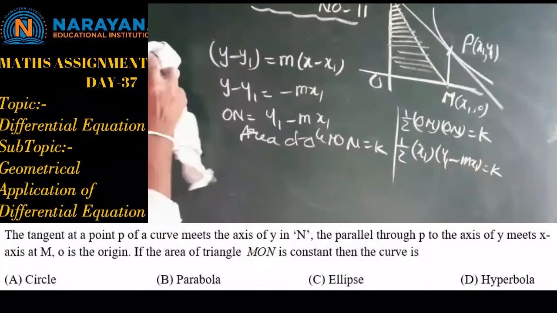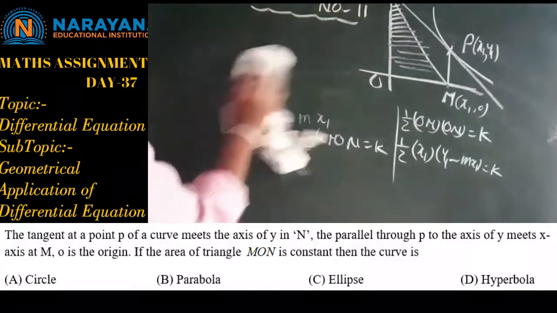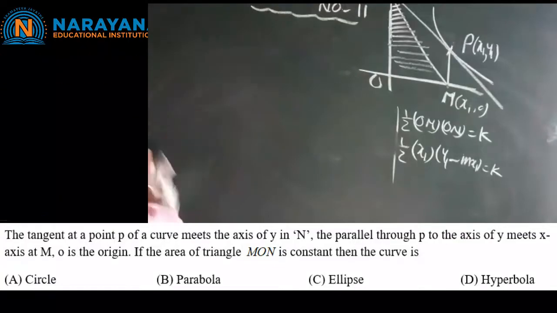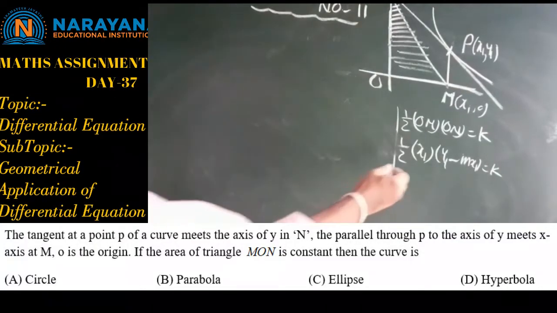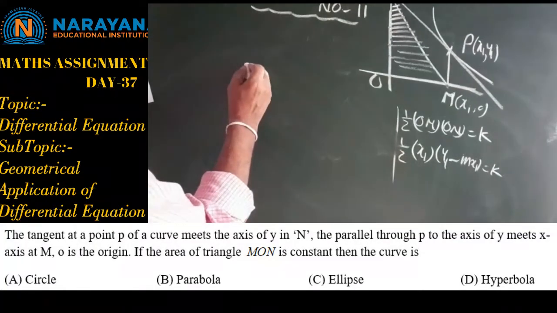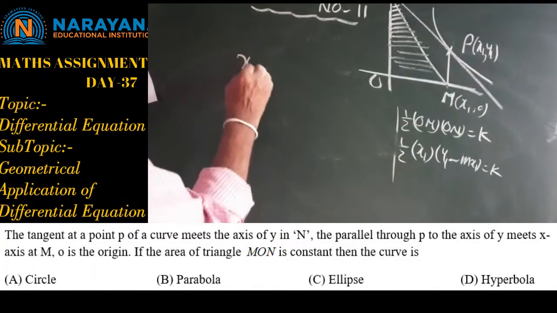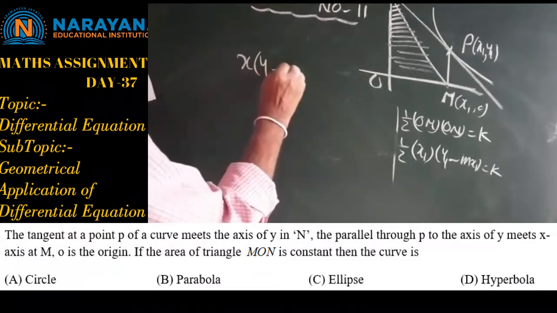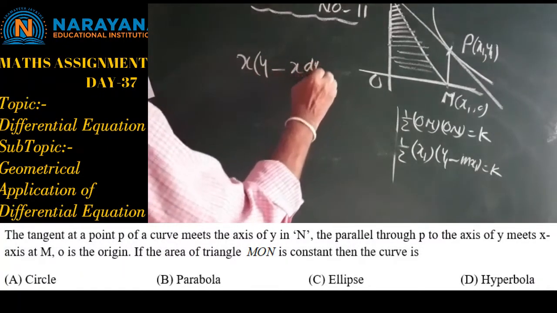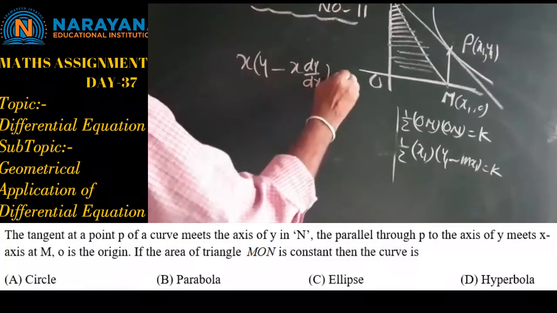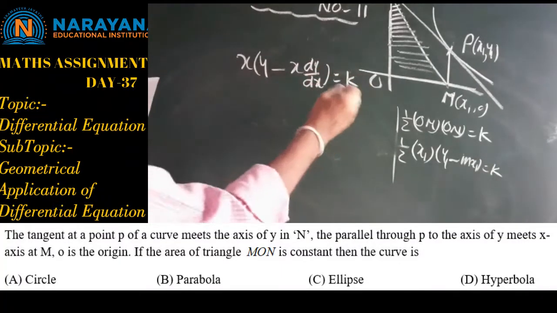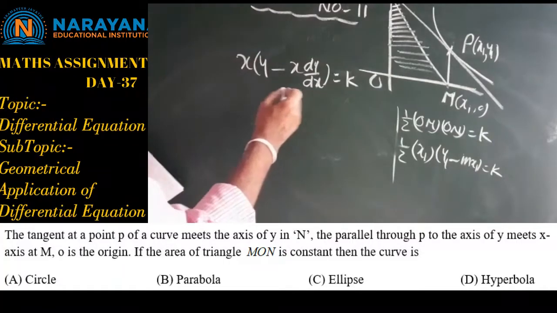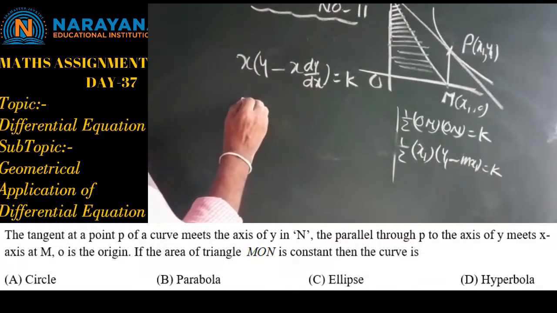Now after this, I replace x1 with x and y1 with y. I will get x into y minus x dy by dx equal to k. And after simplifying this, you can get an equation like k by x.